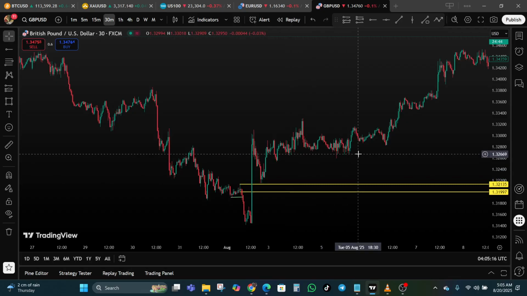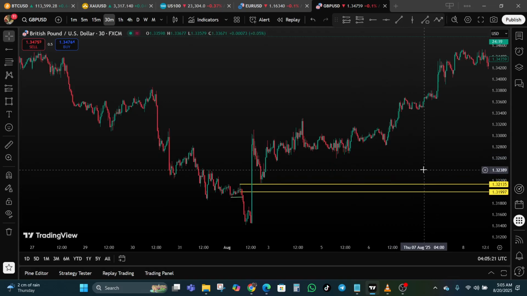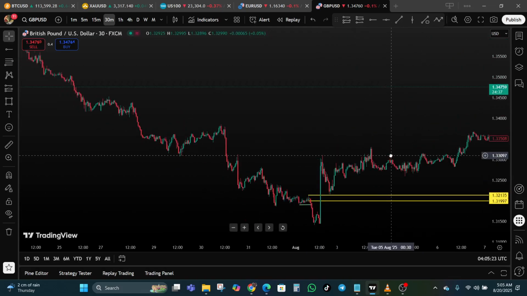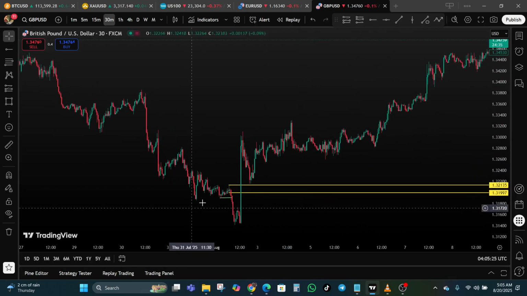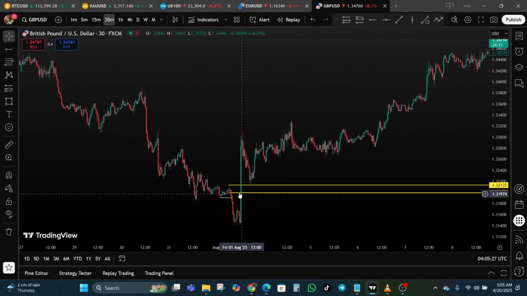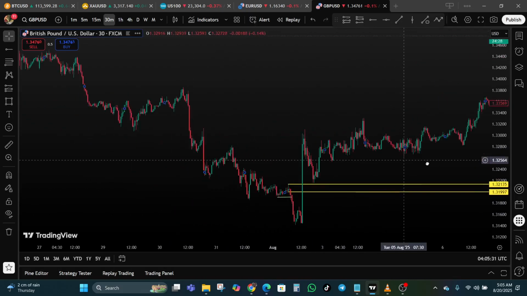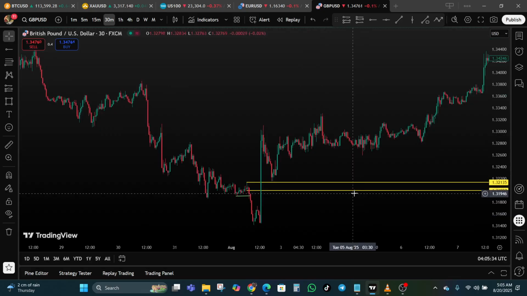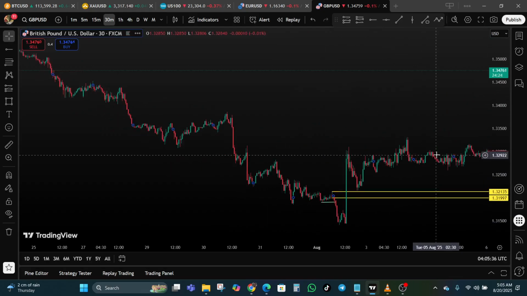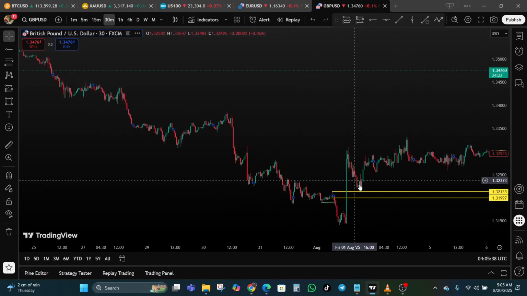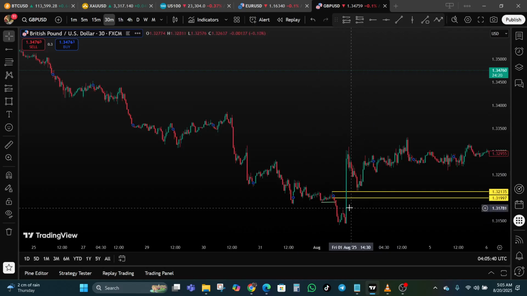Now, let's talk about how to identify breaker blocks. The first step is to find an order block that was once respected. Although in this particular context, this one was not respected before the break happened. But I just have to use this as an example.